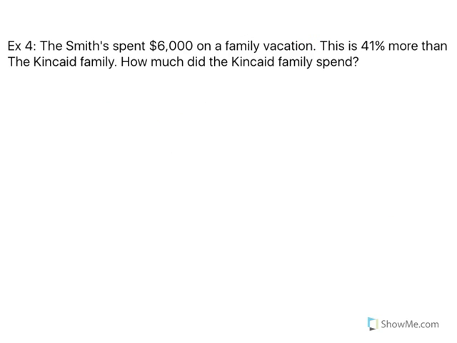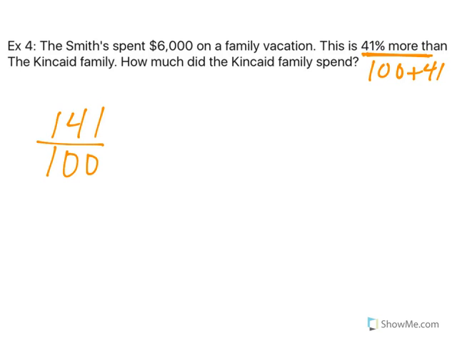Okay, example 4. The Smiths spent $6,000 on a family vacation. This is 41% more than the Kincaid family. How much did the Kincaid family spend? All right, go to the percent. 41% more. Again, reference is 100. More means add. So I'm going to have 141. Now let's look at this. The Smiths spent $6,000. That references back previous, which is Smith.